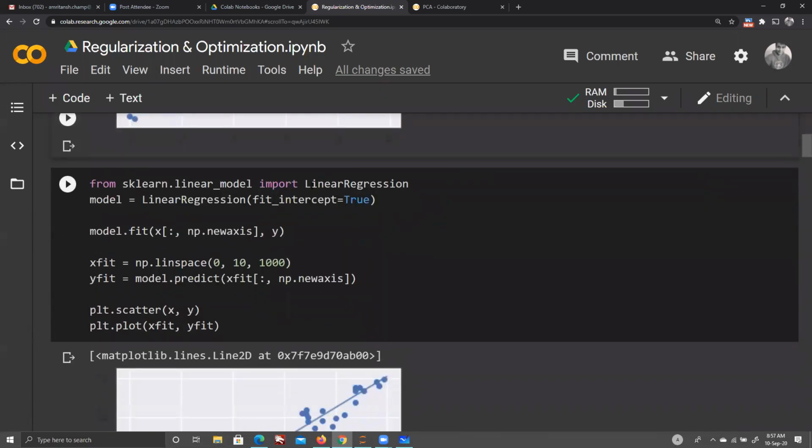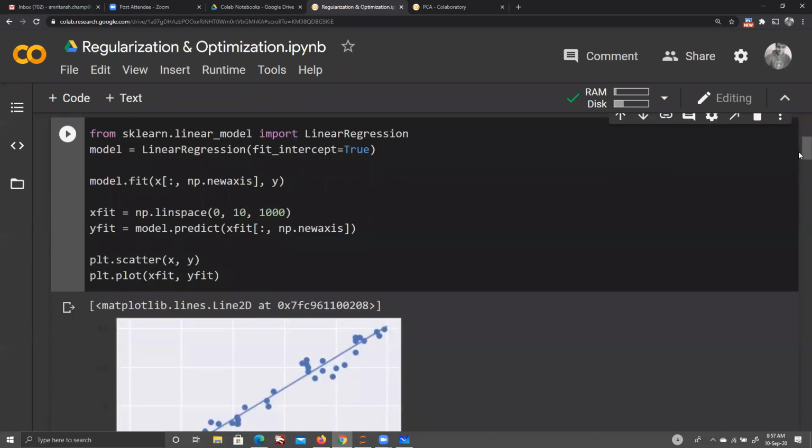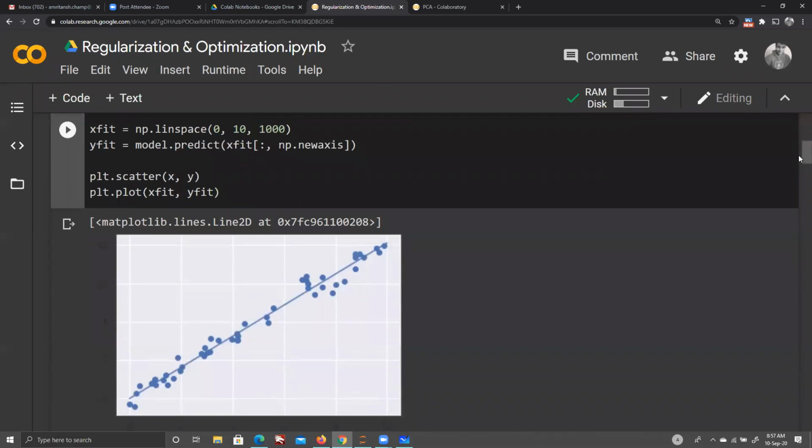I import the linear regression model, do a fit intercept, fit the model and then plot the outcomes. This makes sense? Regression should not give you any problem right now. Very good.